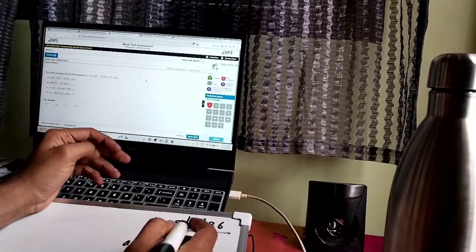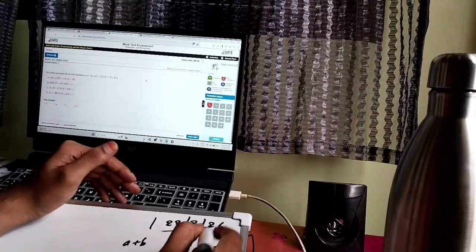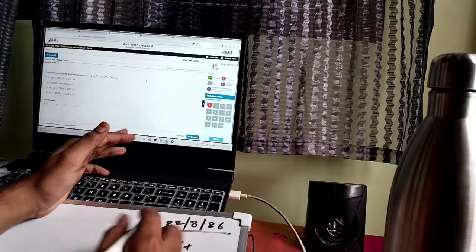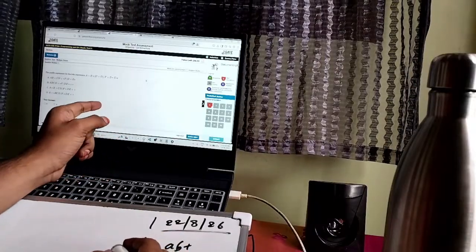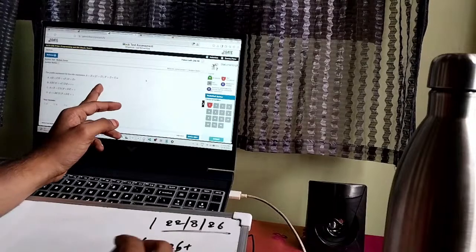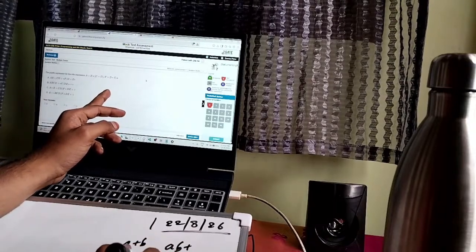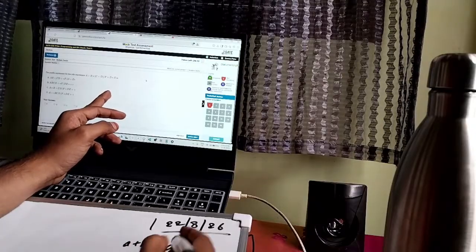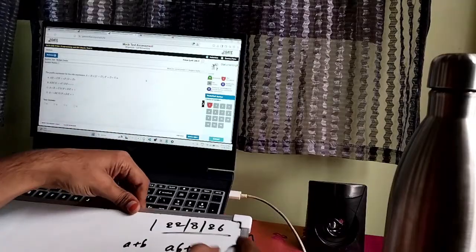Infix: A plus B. Postfix, it's like AB plus, that is postfix. That's all. So can I check the options? The expression is A plus B star C plus D. If I do it like this, I can waste so much of my time.